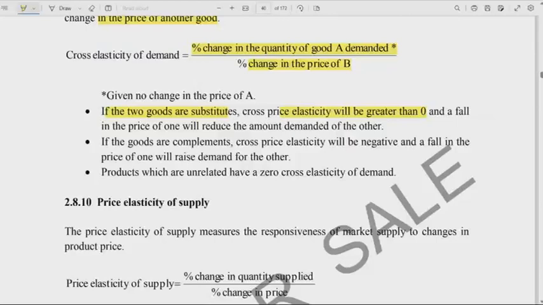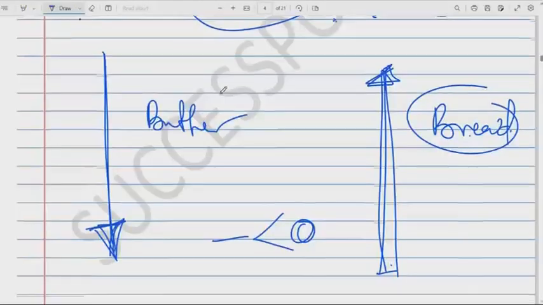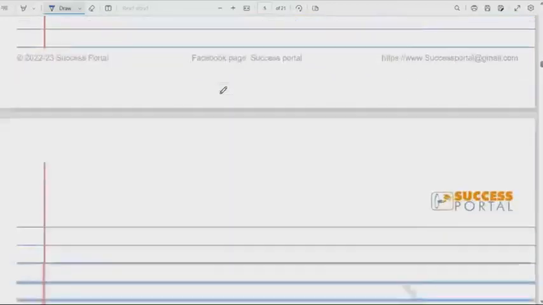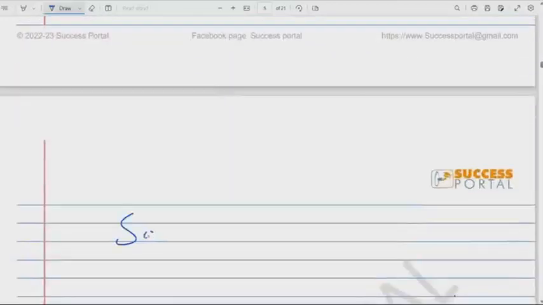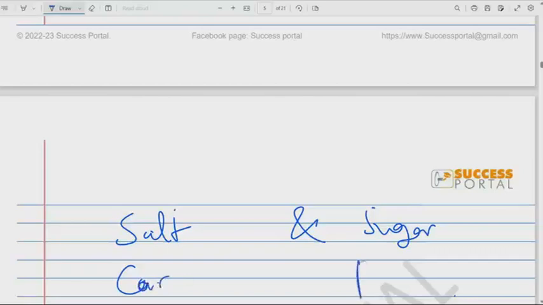Products which are unrelated have a zero cross elasticity. So how this is related, for example, salt, probably, and sugar, those are related. We use them for different things. Gas and bread, those are unrelated, so the answer is equal to 0.